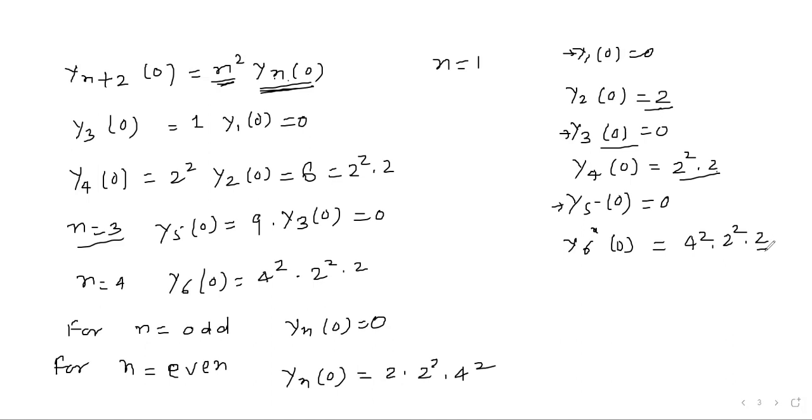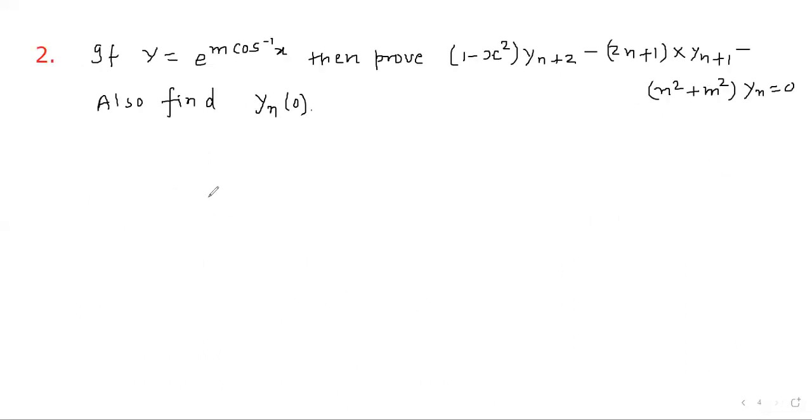We are writing in reverse order. 2, 2 square, 4 square. The next will be 6 square. So this can be generalized as n minus 2 whole square, or we can write condition n is greater than 2. So this is answer. Now consider next question.